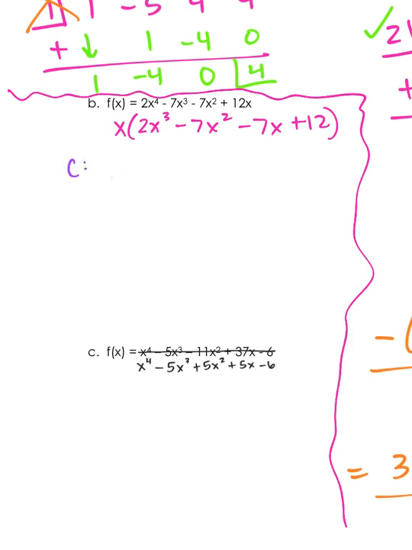So my constant is 12, so my factors are 1, 2, 3, 4, 6, and 12. Leading coefficient is 2, so my factors are 1 and 2.